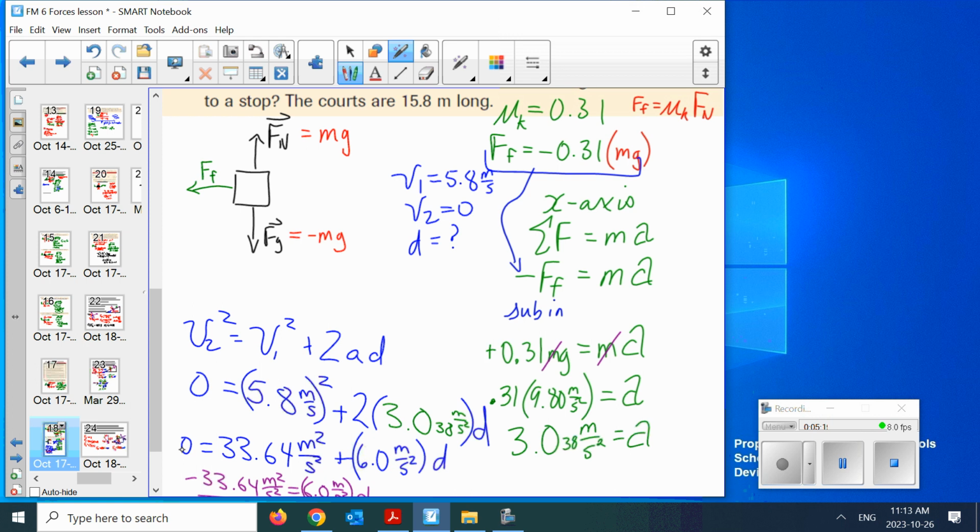Is that correct? So this shuffleboard piece is pushed, so there's no force pushing it after it leaves your hand or stick. It's only the force of friction in the x-axis. You use that in the x-axis.